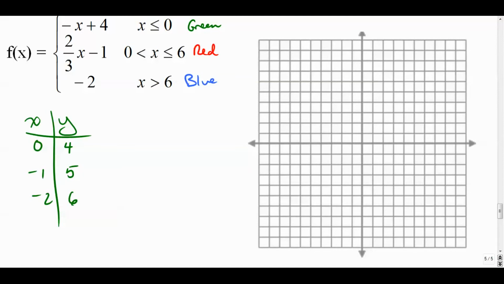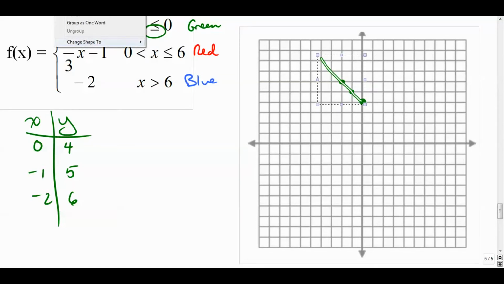I know it's closed at 0, comma 4 because of that equal sign right there. So it was 0, 4, 1, 2, 3, 4. It's closed, negative 1, 5, negative 2, 6. It's a linear function. Slope of negative 1 crosses the y-axis at positive 4. So I'll have to change that to a line here.